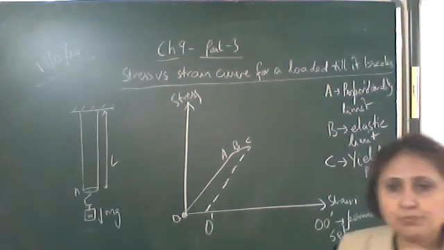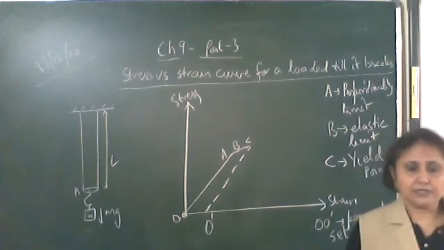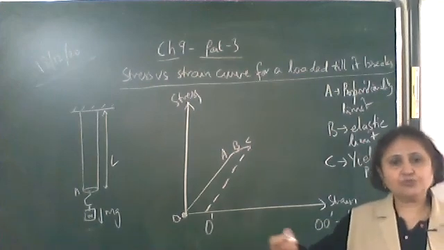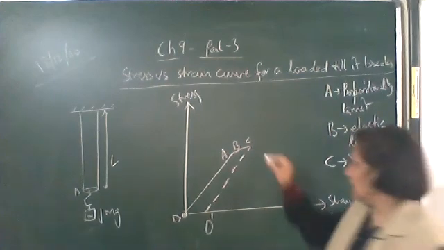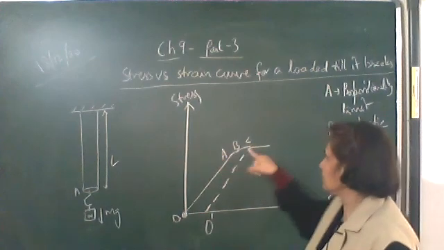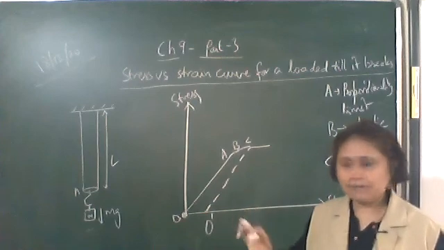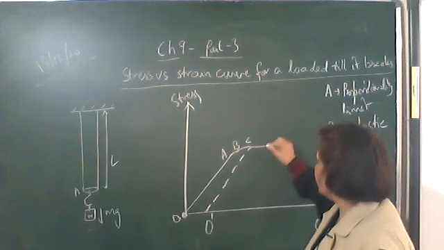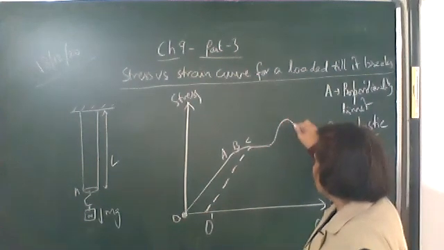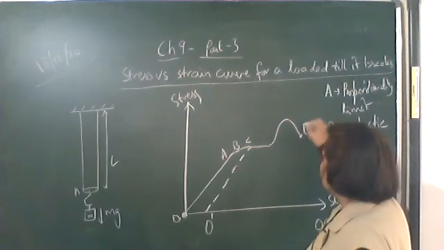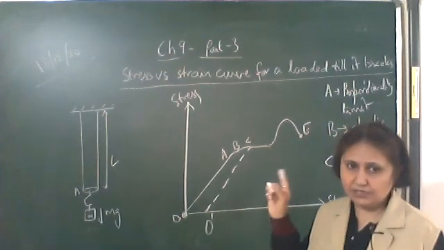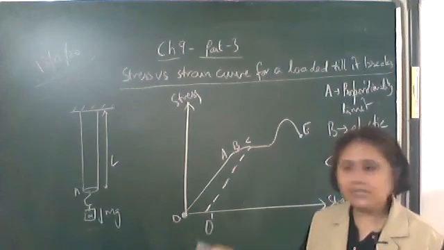Now beyond this yield point C, the wire begins to flow like a liquid. That is, even without any stress applied, there will be some strain in the wire, and the strain comparatively increases, and we reach a point E where the wire finally breaks.